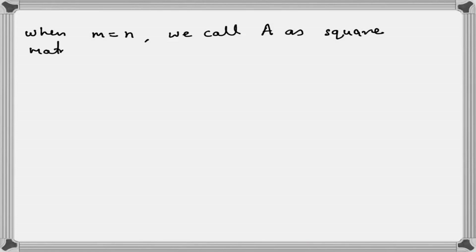So when m is equal to n, then we call A a square matrix. Suppose A is an n cross n square matrix.